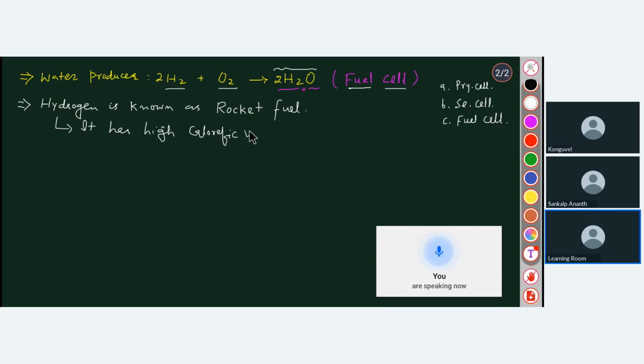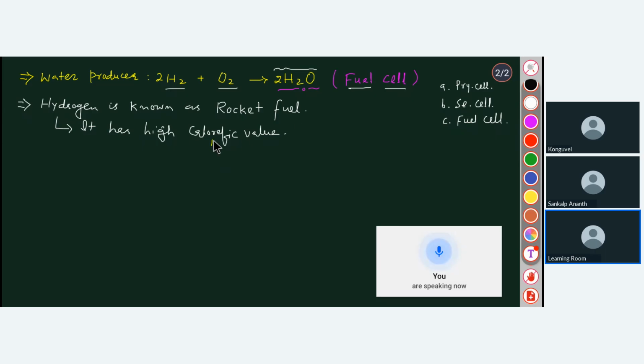It has a high calorific value. Calorific value is the burning rate. It is actually the amount of heat energy produced when 1 gram of fuel is burned. I will write it here. What is calorific value?